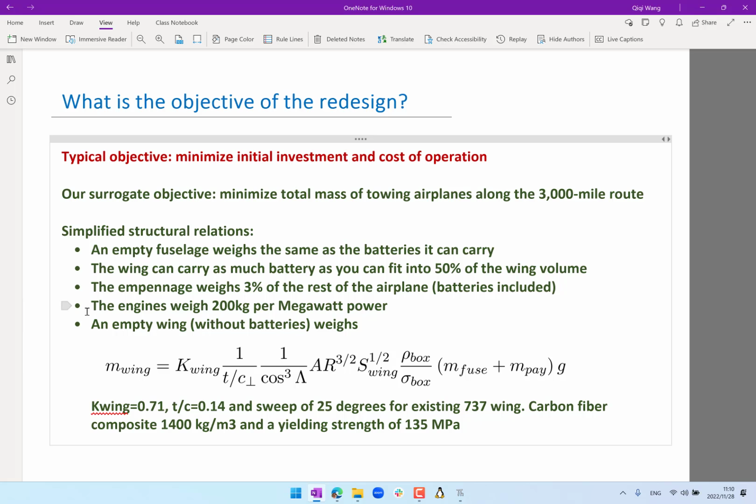So let's just make a not very precise assumption. Let's say per megawatt of power, the whole engine, including the motors, the propellers, whatever is part of the engine, weighs 200 kilograms per megawatt of power.